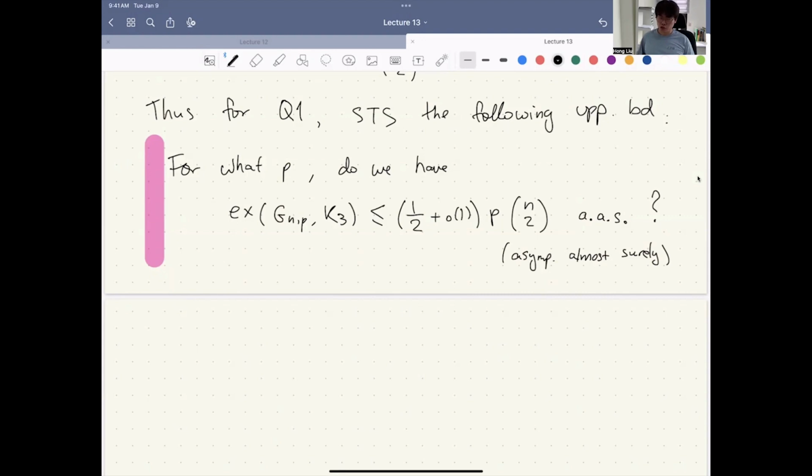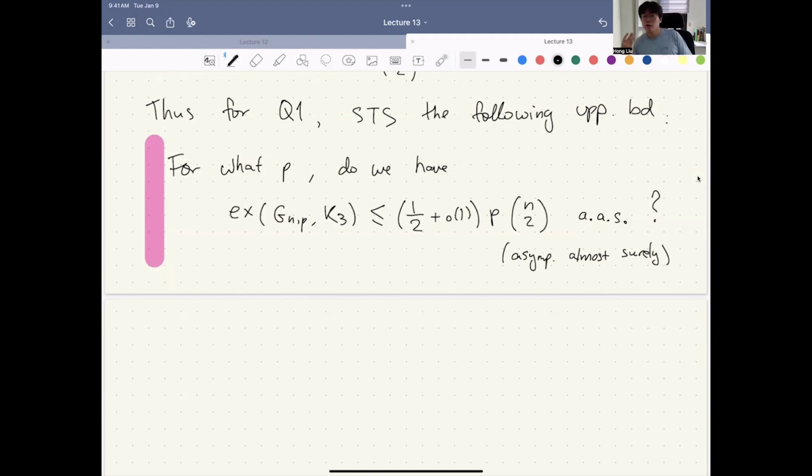That's the first question. Now let's recall we had two questions: Mantel's theorem and Schur's theorem, the multicolor Ramsey for triangles. How do we translate that to a sparse random environment?